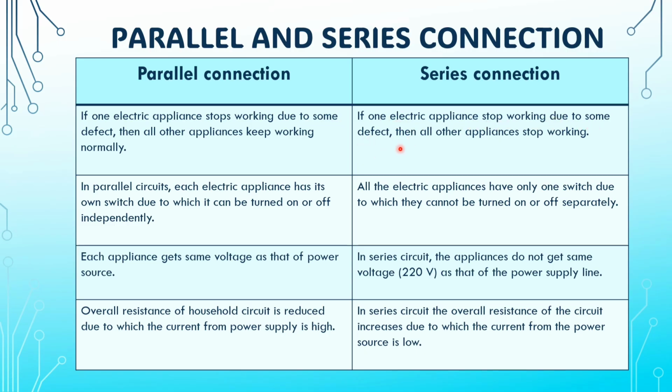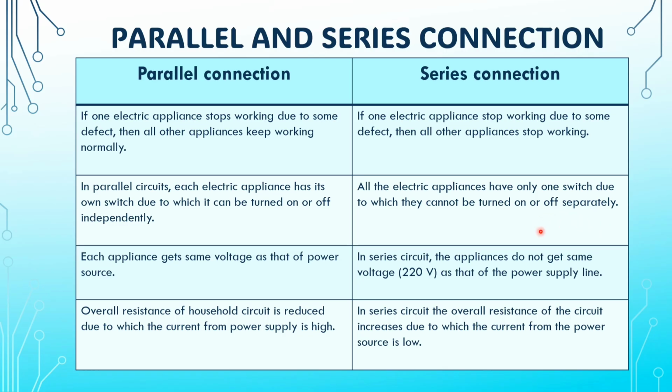And second point, in a parallel circuit, each appliance has its own switch, due to which it can be turned on or off independently. But in series, they all have only one switch, due to which they cannot be turned on or off separately. So it depends on each other.